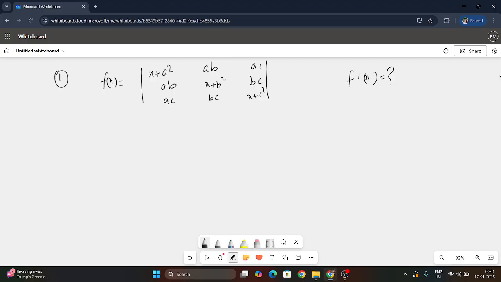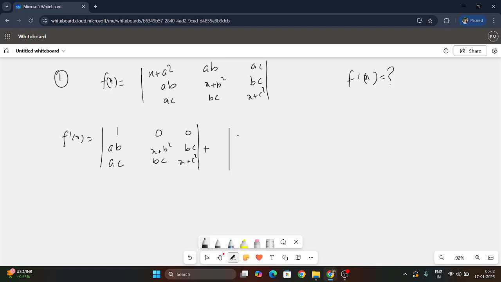I'm giving you some hint on how to solve it. We have to find f dash x, and f dash x is equal to the differentiation of the first row, that is going to be 1, and these two are constants, so 0, 0, and write the other two rows as they are, with x plus c square.